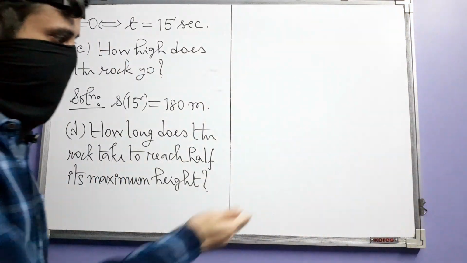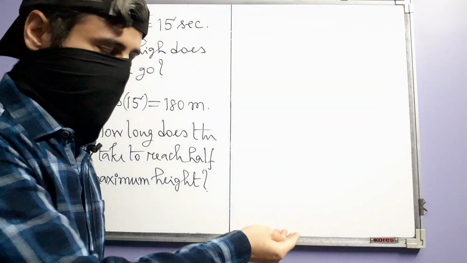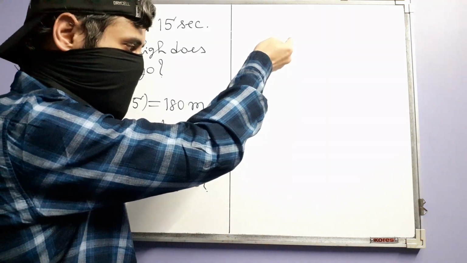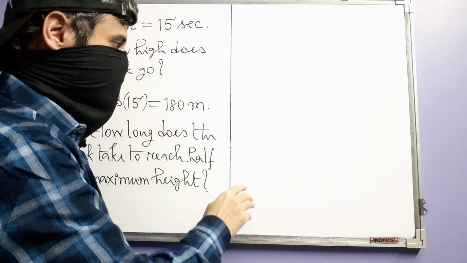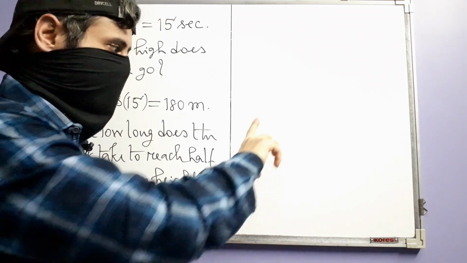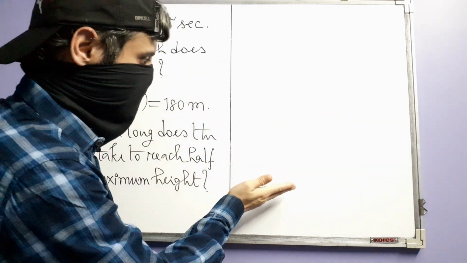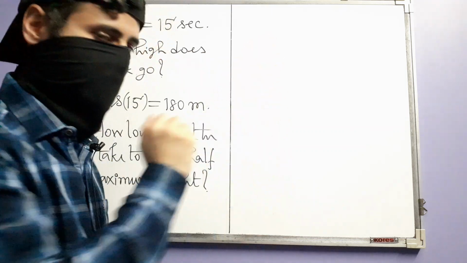So it goes up from the surface of the moon because it's thrown from there. It reaches the maximum height 180 meter and then again it falls down. And in doing so, the height of 90 meters is reached twice. Once when going up and once when coming down.